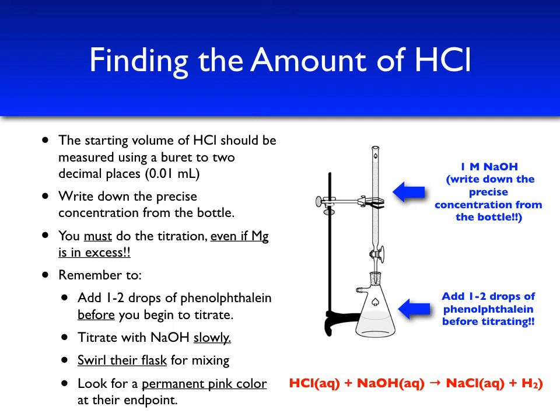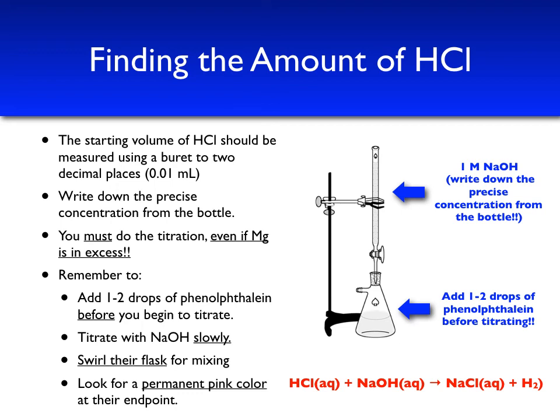Also, it is really important, since we don't know how much hydrochloric acid is remaining, to titrate pretty slowly so that we don't overshoot our endpoint. As we titrate, we'll swirl the flask to ensure the proper mixing of the reagents. And finally, we end our titration when a permanent pink color exists in the flask.